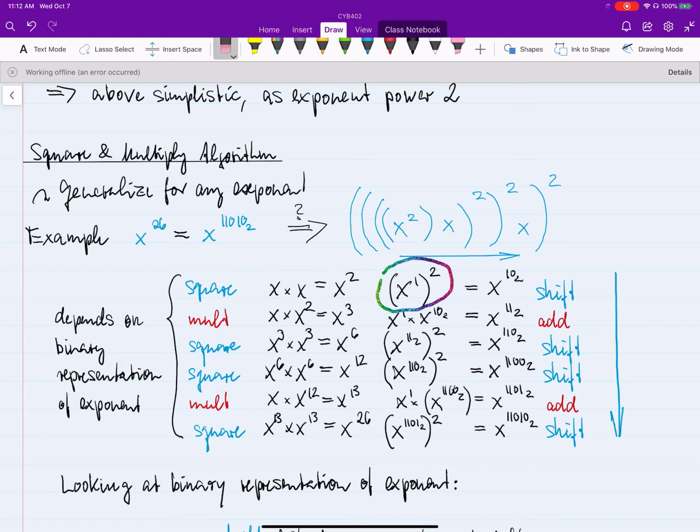If we resolve that into what happens to the exponent for base 2, it means that we had an exponent that was 1, and doubling is shifting the 1 to the left. So we go from 1 to 1, 0. You see that here, 1, 0, base 2.